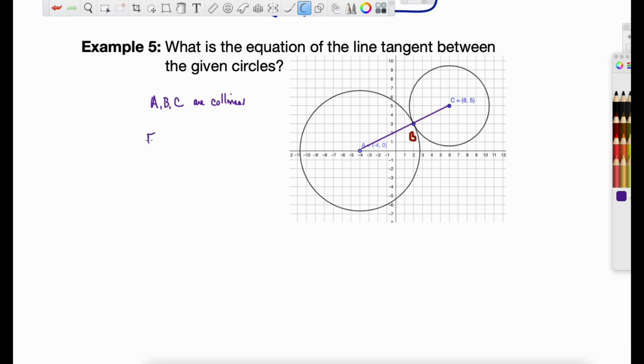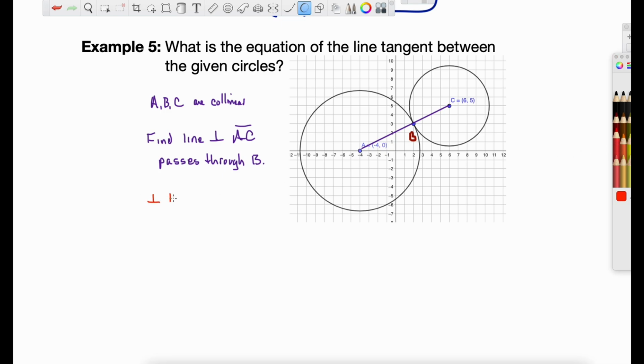So find a line perpendicular to AC that passes through point B. So what do we know about perpendicular lines?